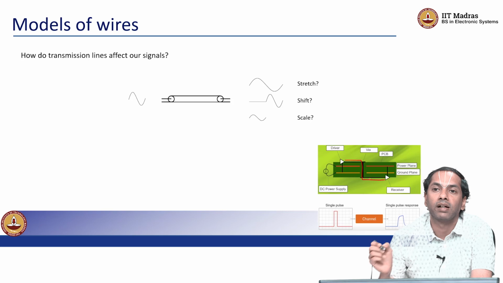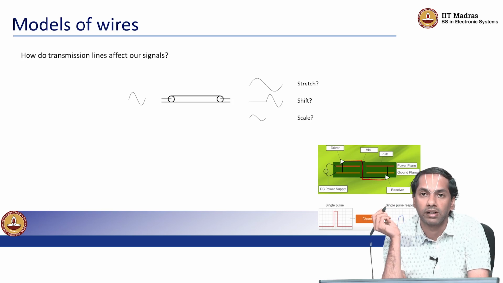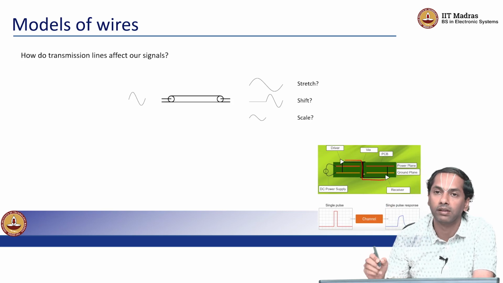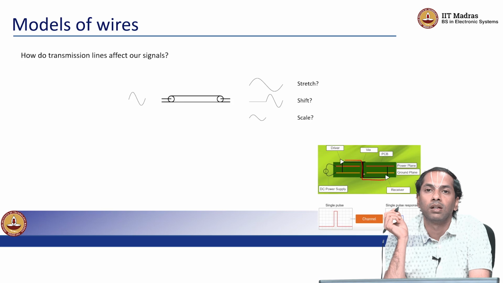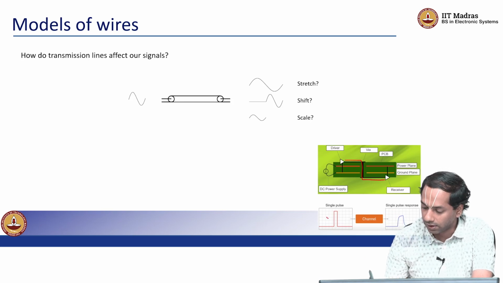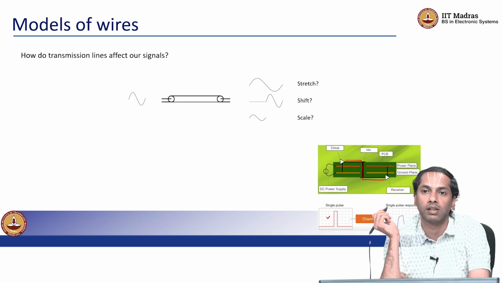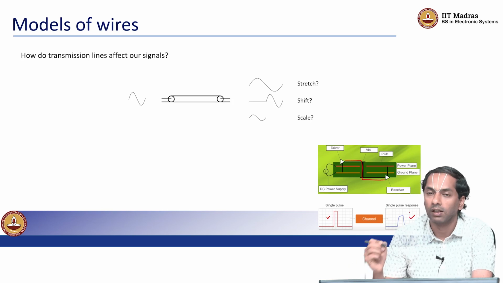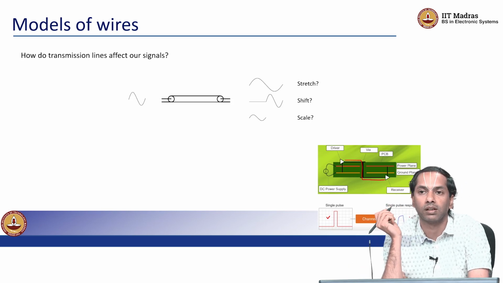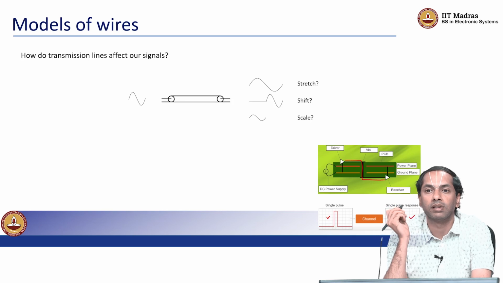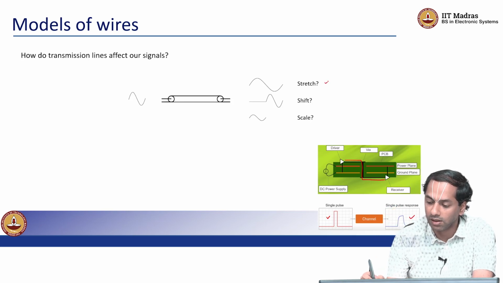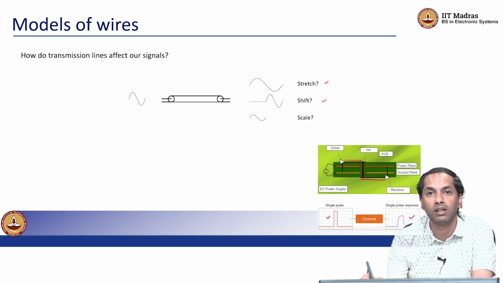even though I just have a simple conducting copper trace marked by the red trace that I just drew, I noticed that the shape of the voltage waveform at the beginning of this trace and the end of the trace looked very different. And we said that the signal seems to have stretched a little bit. It has also shifted in time, of course.